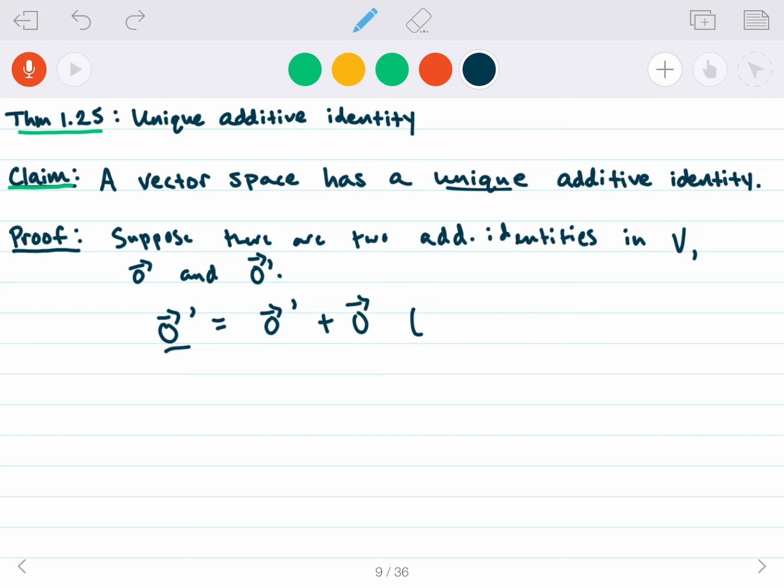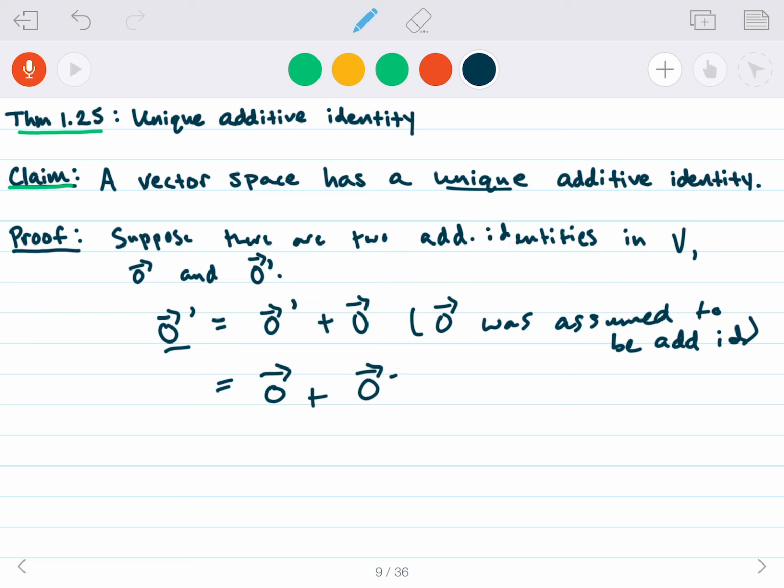That's because 0 was assumed to be an additive identity. All right, and so this is going to equal 0 plus 0 prime. Why were we allowed to go from this step to this step? Well, because we're in a vector space and two vectors in a vector space commute over addition. So this is because of commutativity.